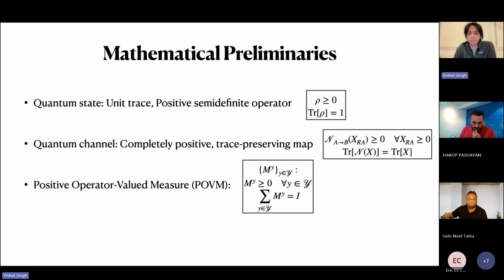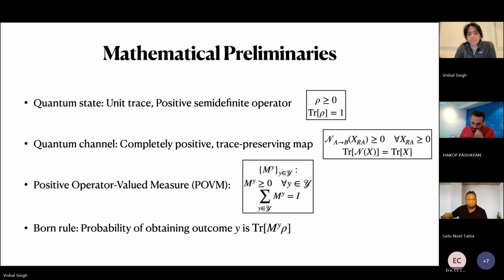And a POVM is basically a collection of positive semidefinite operators that sum up to identity. If you perform a measurement, it can be mathematically represented by a POVM, and the probability of obtaining an outcome y is given by the trace of M_y times rho.